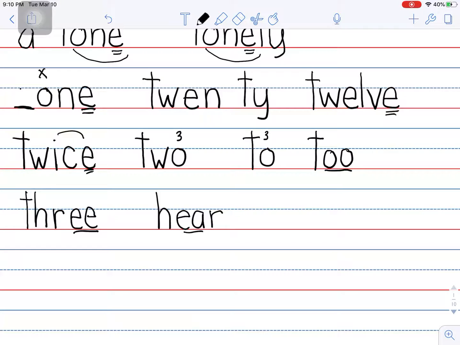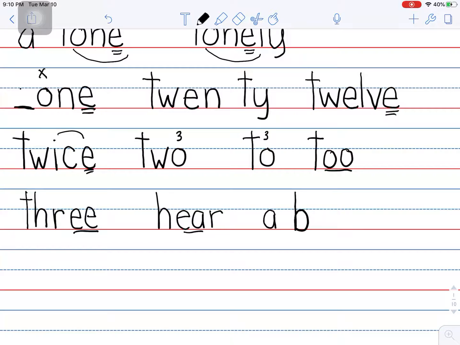The next word I want to write is above. Above. Say the word above. Two syllables. The first syllable is a, and I didn't write that very neatly. We know we use A to say uh at the beginning syllable of a word, an unaccented syllable. Above. Next syllable, bove.